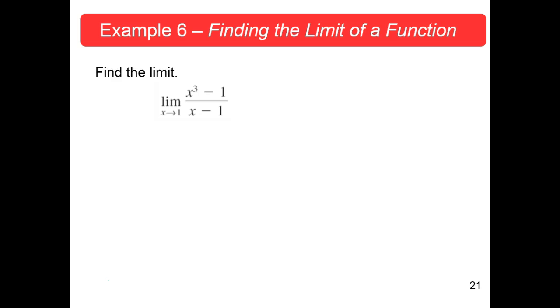What do you get in the numerator? 0. What do you get in the denominator? 0. Can you say that because you're dividing by 0, it never has an answer? No, this is an indeterminate form. This is 0 over 0. He says 1. Let's see if he's right.